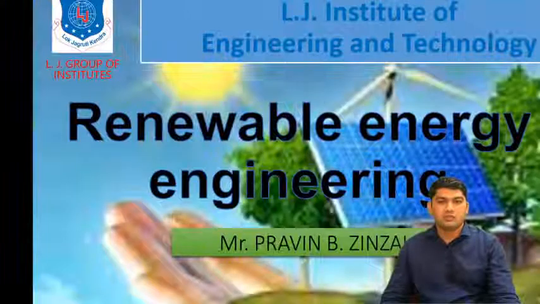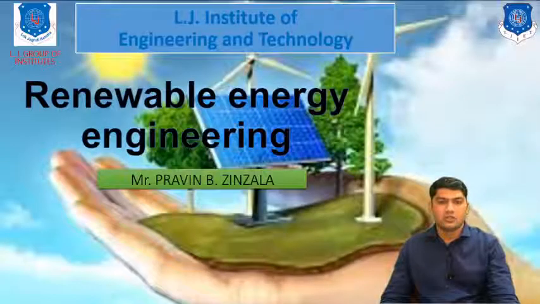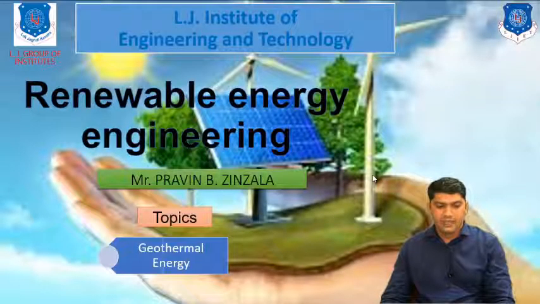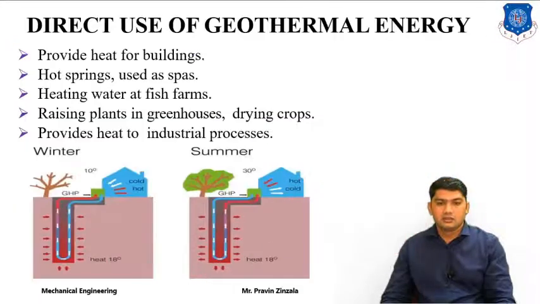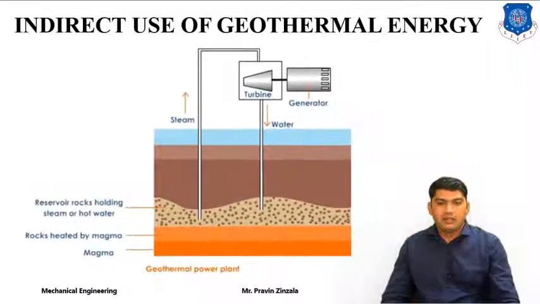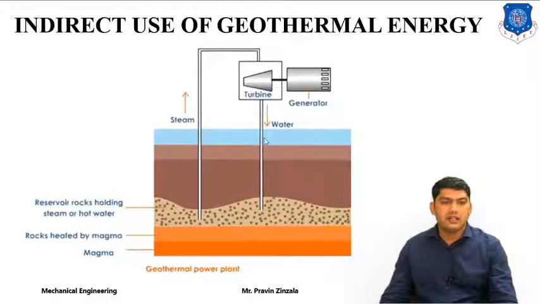Depending on the specific location's availability, we can directly extract steam from the earth, and that steam expands in a turbine and generates electricity. Whenever magma comes in contact with rock, the rock transmits the energy to water. So it is also one type of hydro resource of geothermal energy.